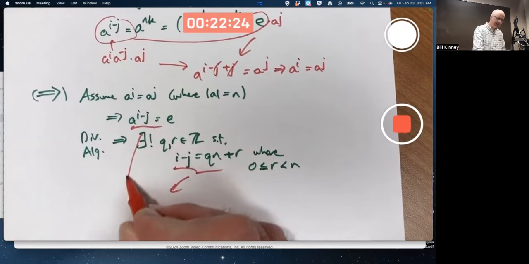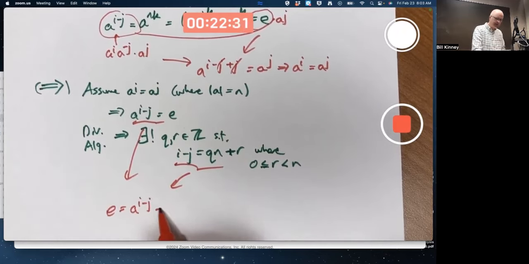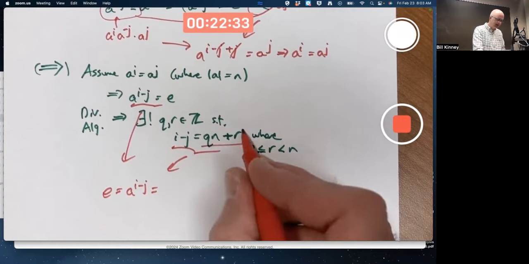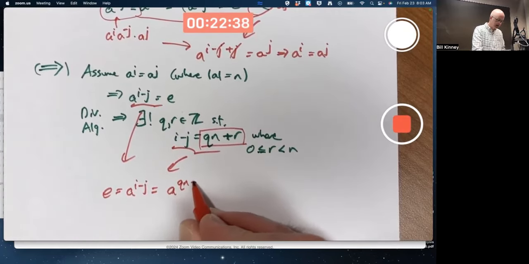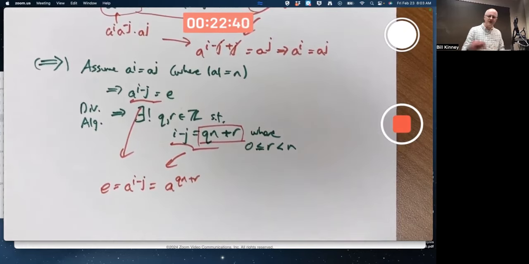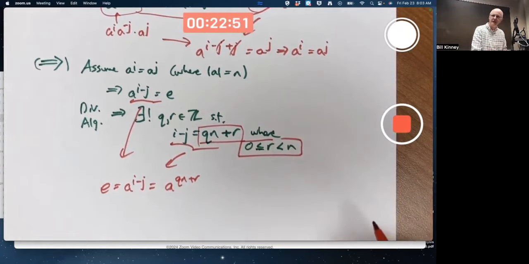And this one, if I combine them. e equals a to the i minus j, I could replace i minus j with qn plus r. My goal is to show r is 0. Is it possible I could do that from this fact? And maybe it's almost always important that r is between 0 and what we're dividing by, 0 and n, possibly equal to 0, but not equal to n.